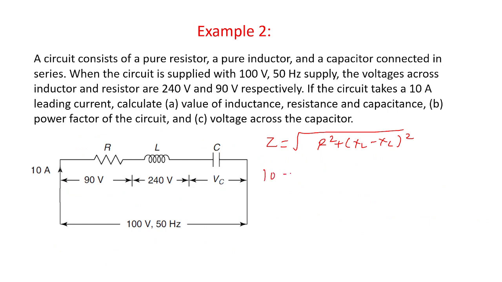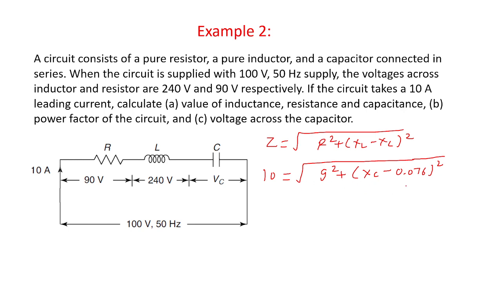Z is 10, R is 9, so it will be 9 square plus, it can also be written as XC minus XL, whole square, because A minus B whole square is same as B minus A whole square. So here XL minus XC can also be represented by XC minus XL, because we need to find the XC and we want the positive value of that.